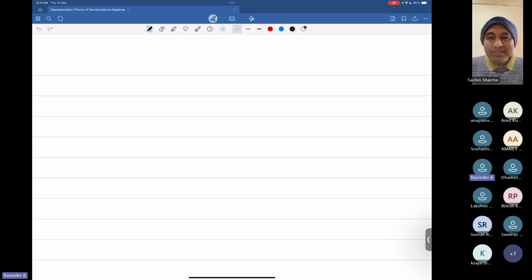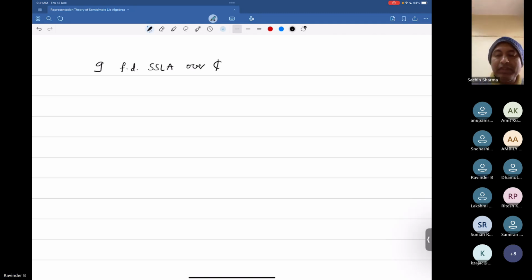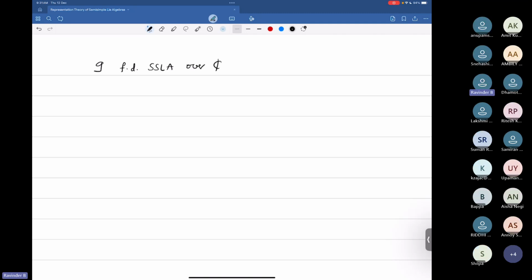So my goal is to discuss representation theory of finite dimensional semi-simple Lie algebras over complex numbers. So Shraddha already introduced the representation notion, but let's recall. What is a representation of G? It's a tuple.